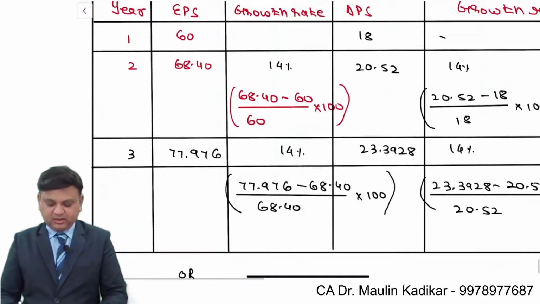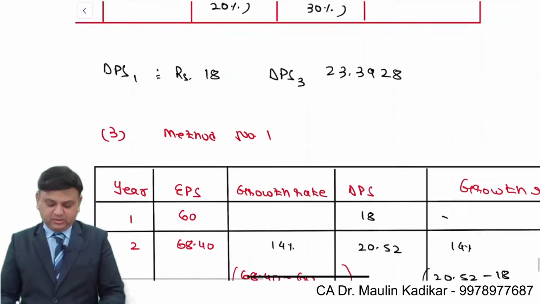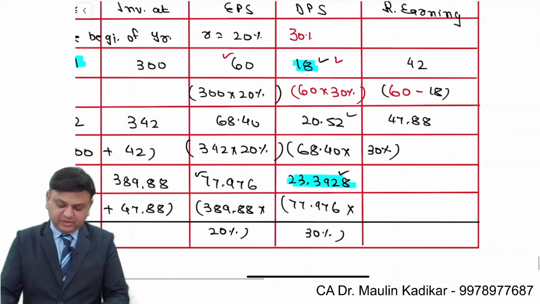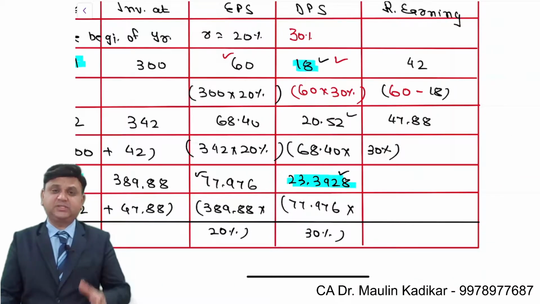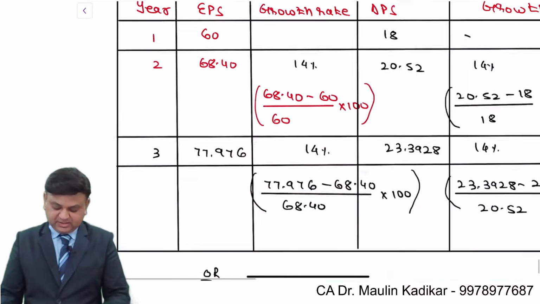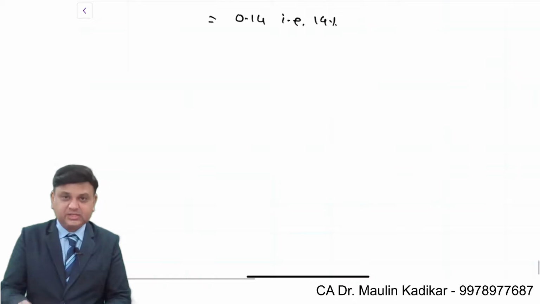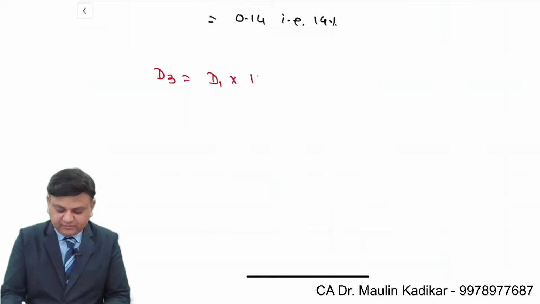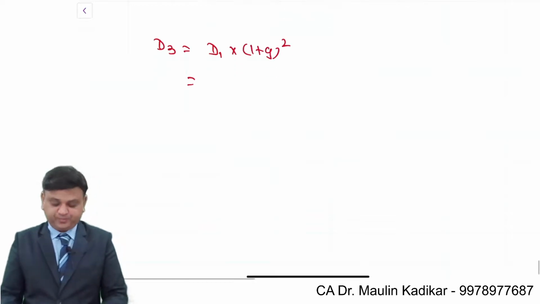So friends, over here, as per the point of a student, I just want to tell you that, after making computation of the dividend for the first year 18 rupees, you can make the computation of the dividend for the third year simply like this. That is, of course, you'll compute the growth rate. Then the dividend for the third year is equal to dividend of the first year into 1 plus g raised to 2.